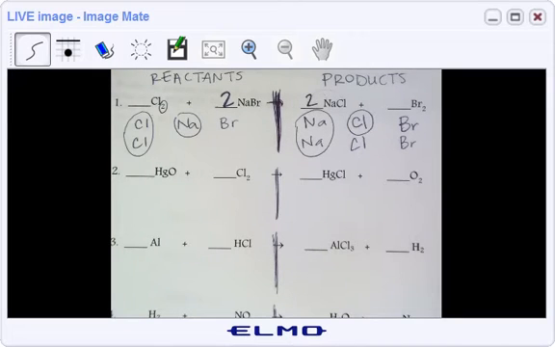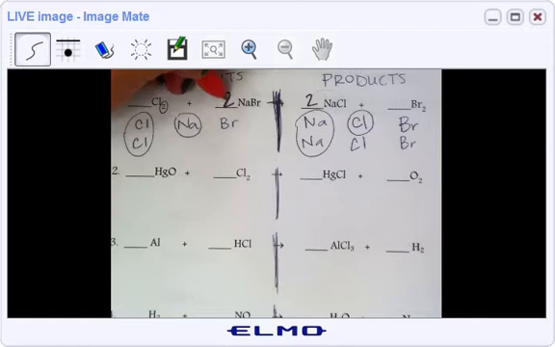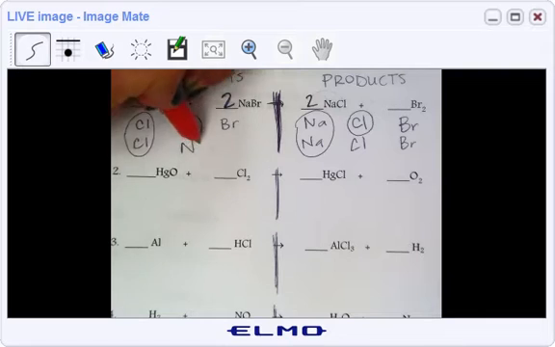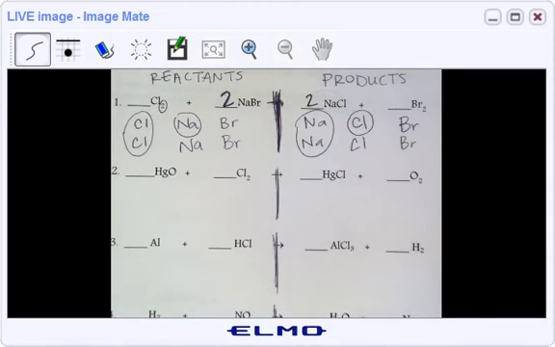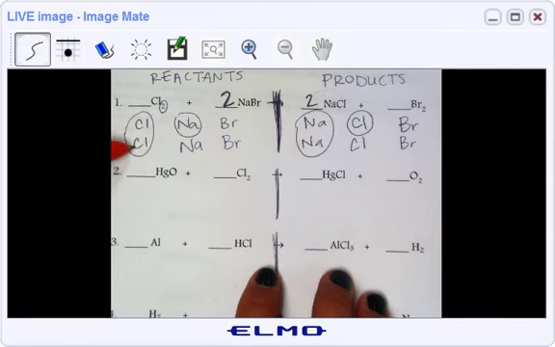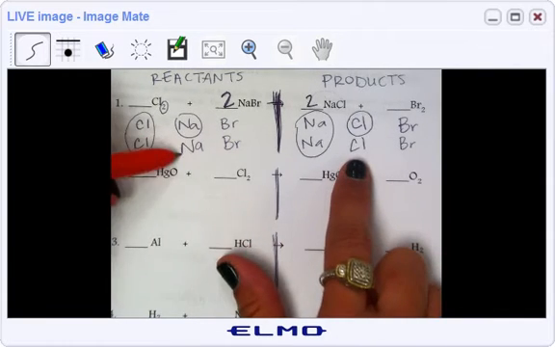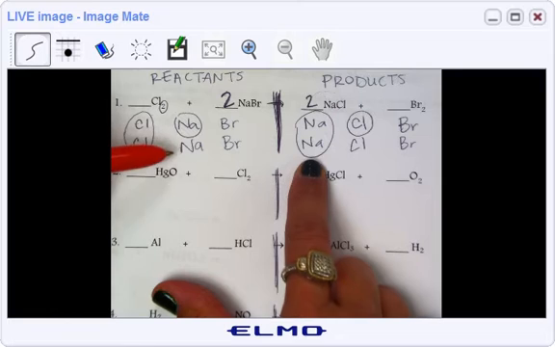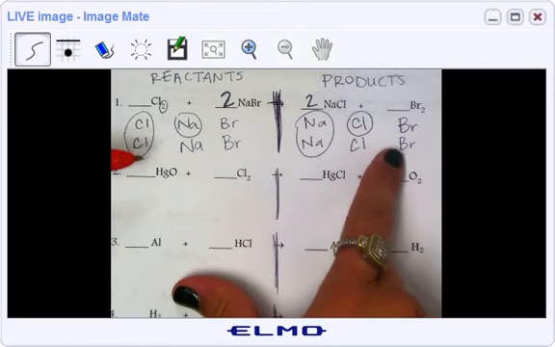And you always start off with 2. You may have to cross it out, and if it affects other things, go back and forth and increase the number. But you don't start with 1, you always start with a 2. By putting that 2 there, I now have 2 Na, and that 2 applies to the Br as well. Let's see if we are even. 2 Cl, 2 Cl, 2 Na, 2 Na, 2 Br, and 2 Br.